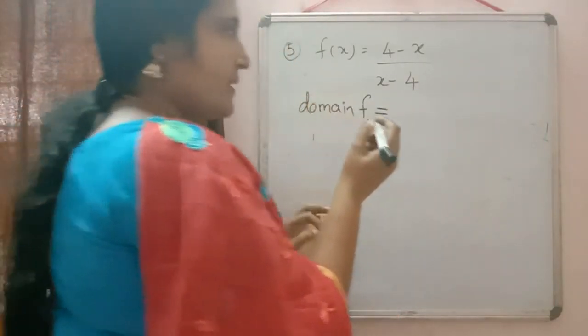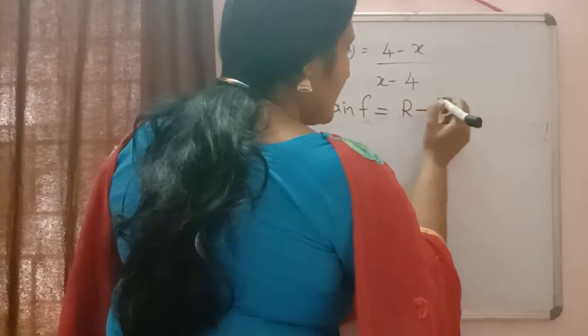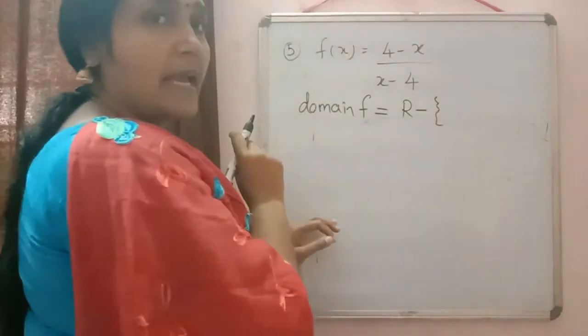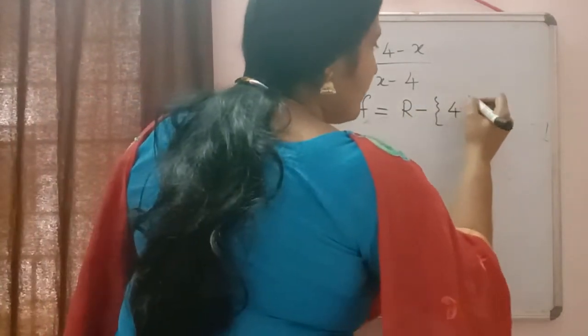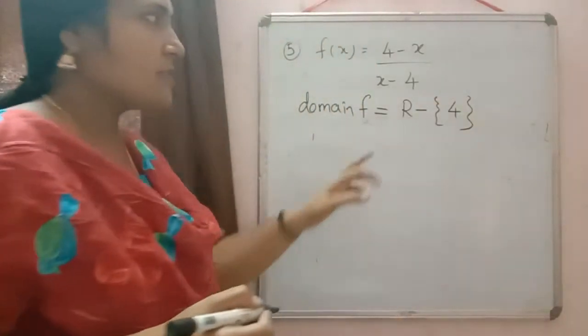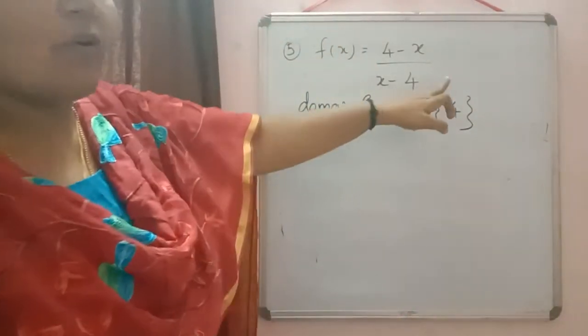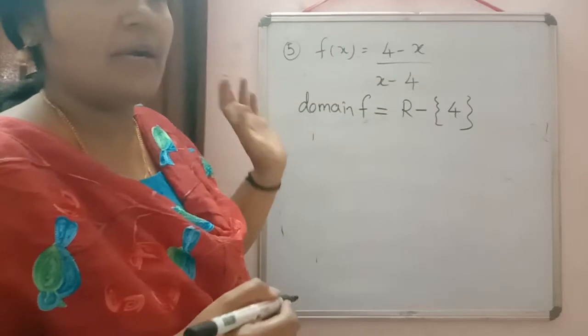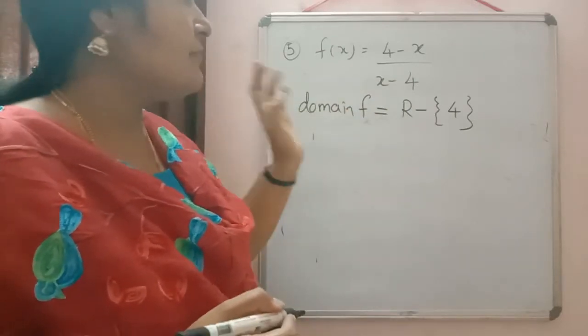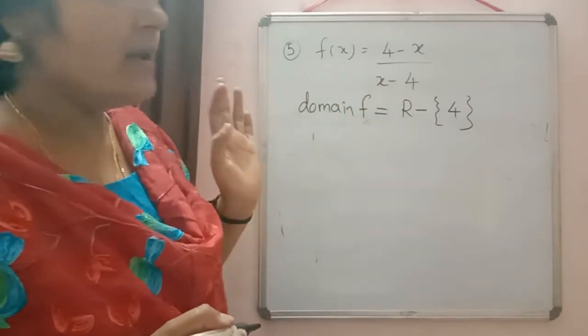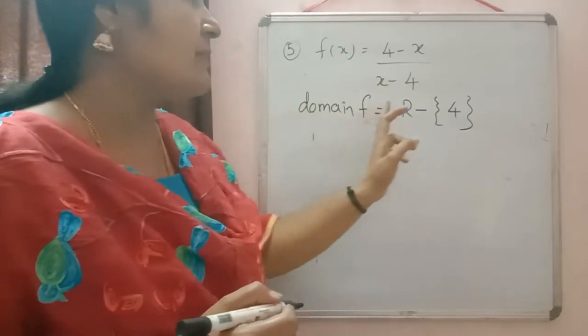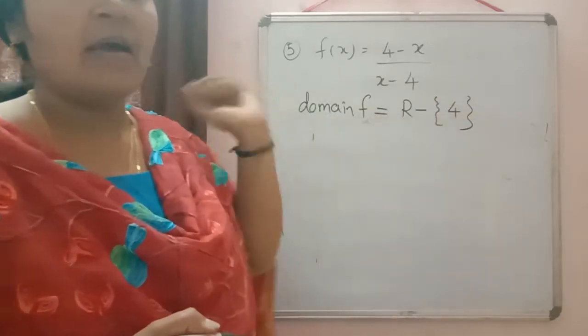What will come? All real numbers except which number? Except 4. Why did we write 4 there? Because when we equate x minus 4 to 0, we get x is equal to 4. So except 4, x can take any other value. So the domain of f will be equal to R minus {4}.